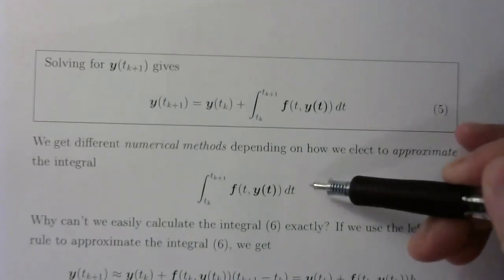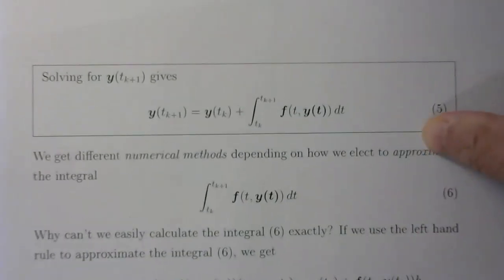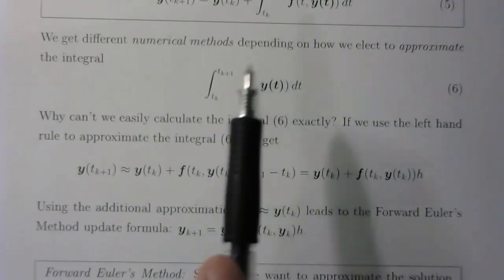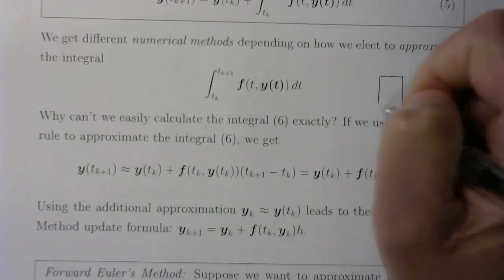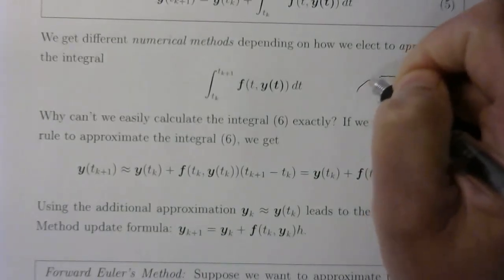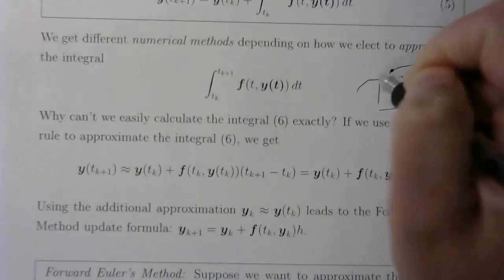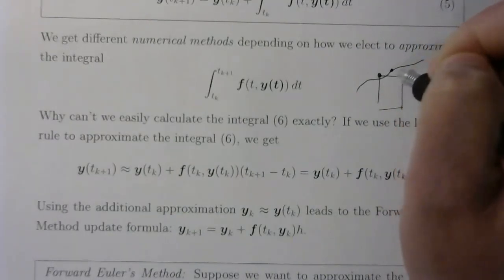There's a lot of different ways to approximate an integral, right? So if I use what we'll call a left-hand rule, saying that if I want to approximate the value of this integral with a rectangle, I have a function, and I approximate the functional value with the height of the rectangle on the left here.